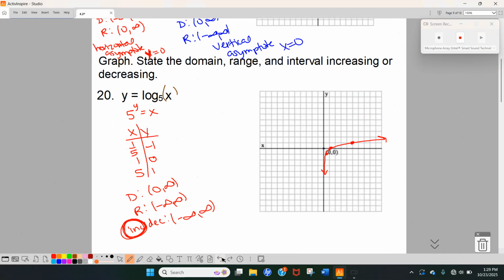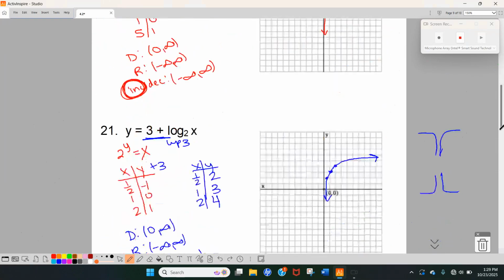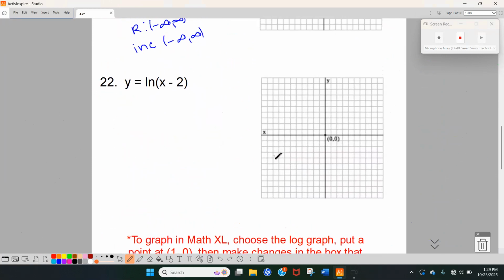Okay, so moving on to number 22. Remember that Ln is base E. So when we write it, we're saying E to the y is equal to x, because we're only going to worry ourselves with this. We're going to ignore the extra for now. So when we make our table, we'll say -1, 0, and 1. We know that the 0 is 1.